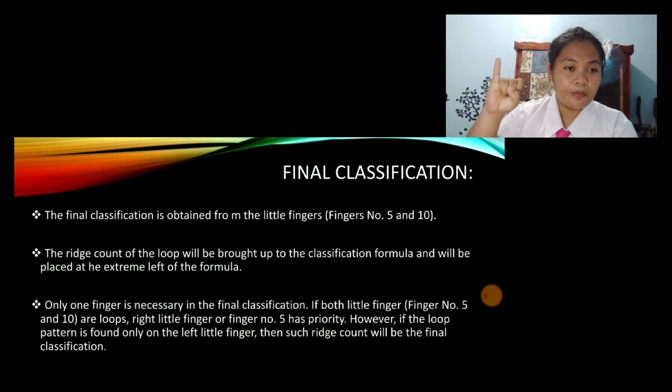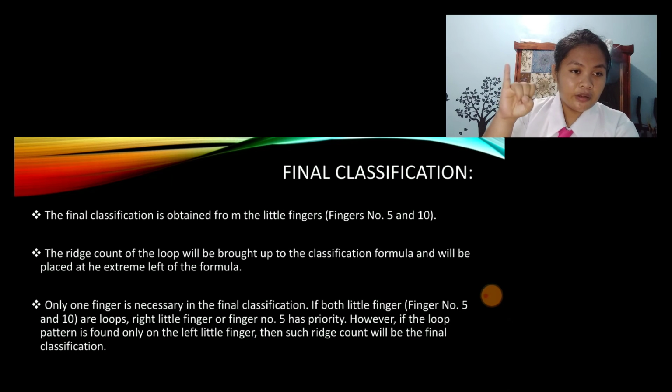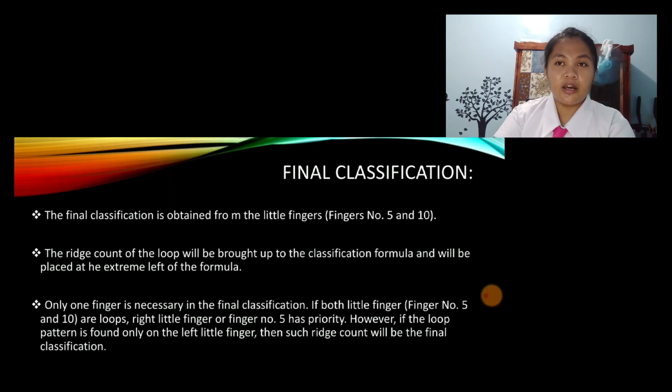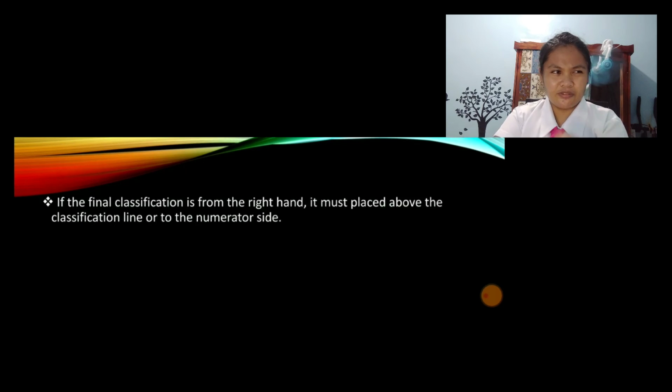So if a loop pattern appears on finger number 5, finger number 5 will be brought to the classification formula. If both have a loop, the right is used. If the loop is only on the left little finger, then such a ridge count will be the final classification.